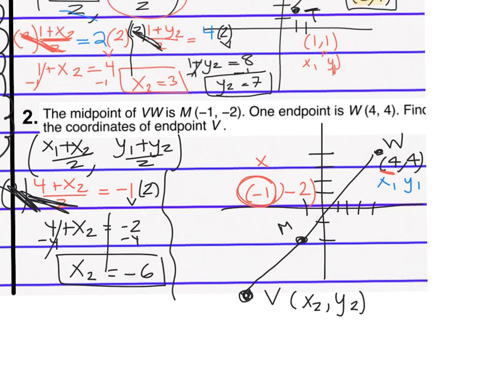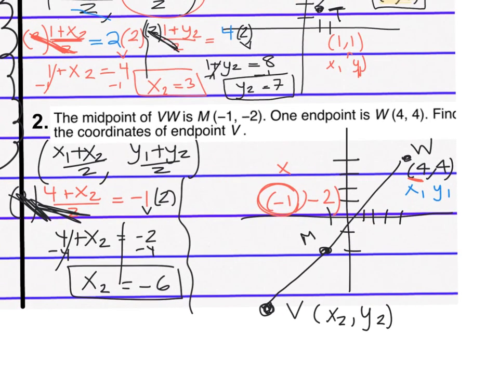You're going to do the same thing with your y's. My y1 should be 4 also, right here, 4. My y2 I don't know, but it should equal -2. Do your same 2 steps, times by 2 to get rid of your fraction.